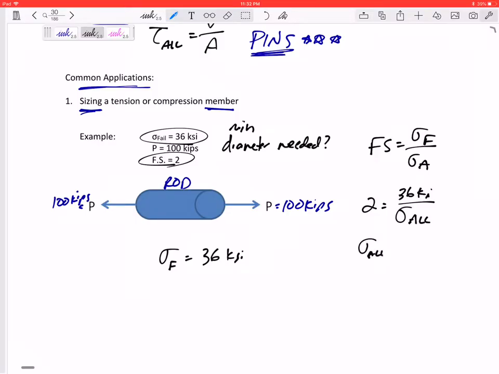Sigma allowable would be 18 ksi. And just make sure that makes sense. I have too many people who get this backwards and say my allowable is 72. That doesn't make sense, that if it's going to fail at 36 you're going to size it to 72.